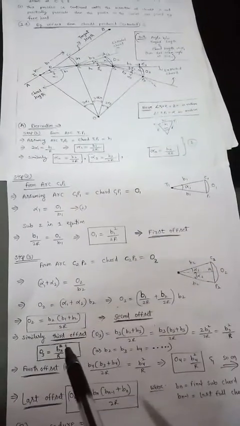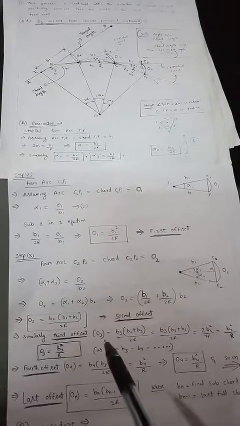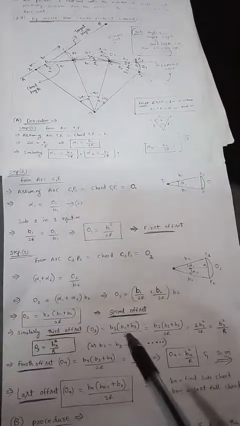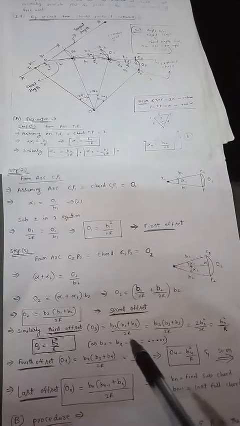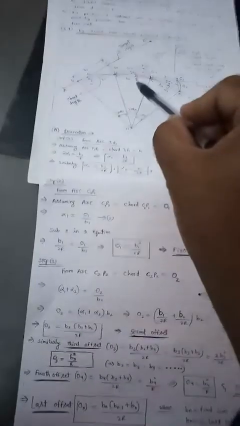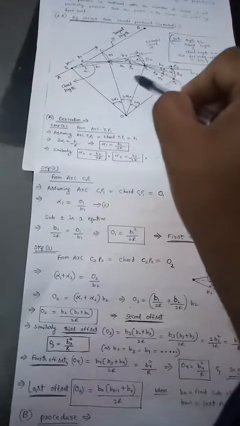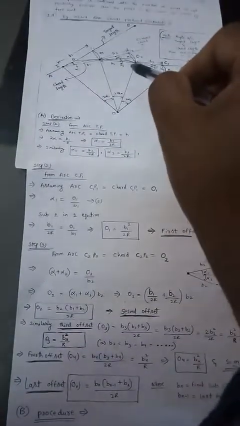Similarly, we find the third offset. O3 equals B3 into B2 plus B3 by 2R. Here the in-between values are intermediate subchords. All the lengths are equal, B2 equal to B3 equal to B4 and so on.